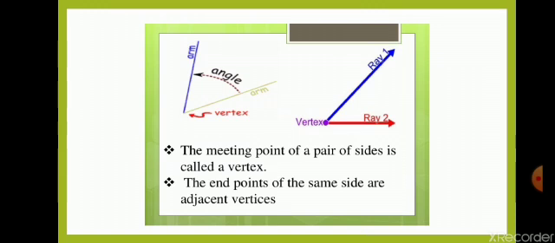Now, the meeting point of a pair of sides is called a vertex. Look, here ray 1 and ray 2 intersect at one common point, also called the vertex. Second, the end points of the same side are adjacent vertices.